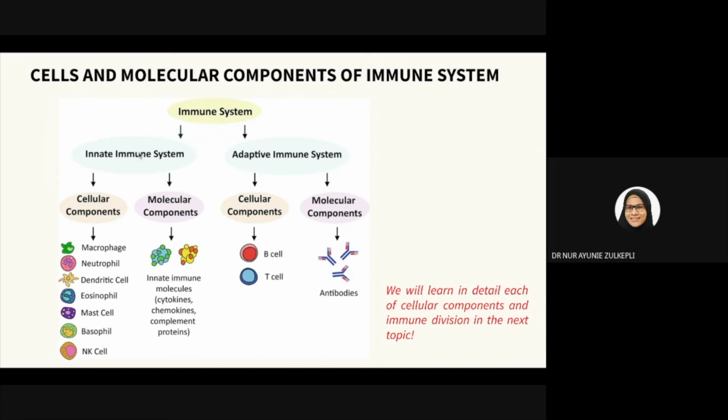So the immune system, we can divide into two, the innate and adaptive. Innate has a cellular component and molecular component, as does the adaptive immune system. For cellular components in the innate immune system, it involves big cells like macrophages, neutrophils, dendritic cells, which derive from monocytes, eosinophils, mast cells, basophils, and also natural killer cells that will fight off viruses.